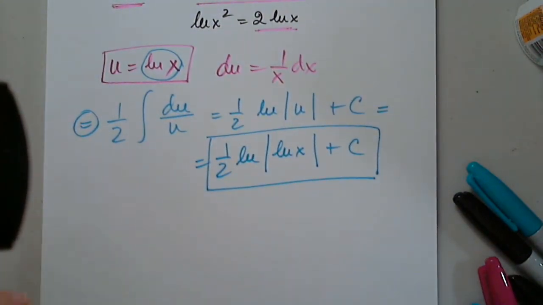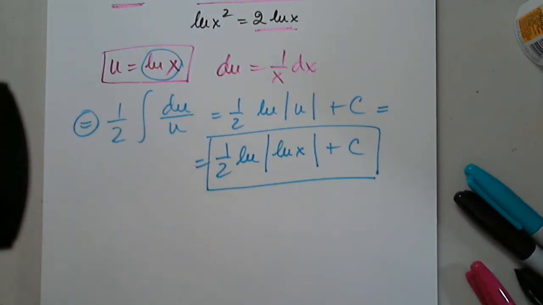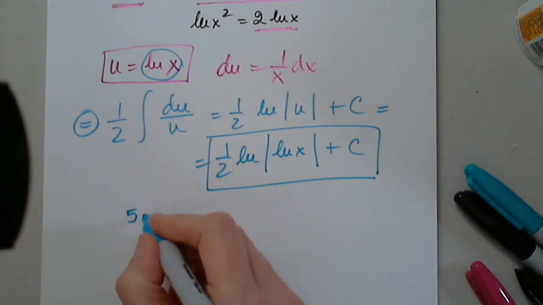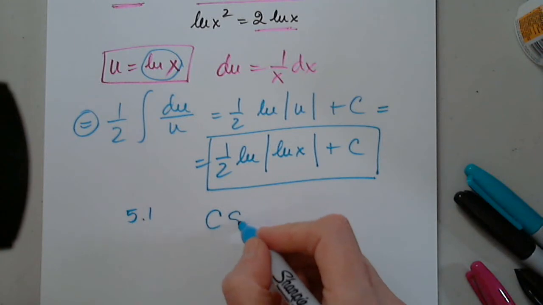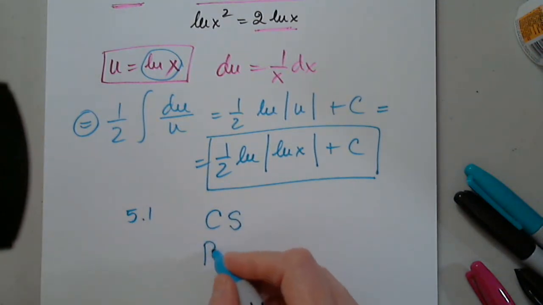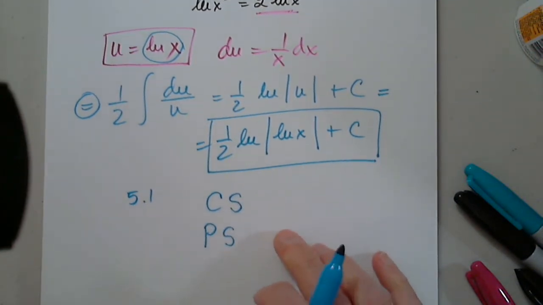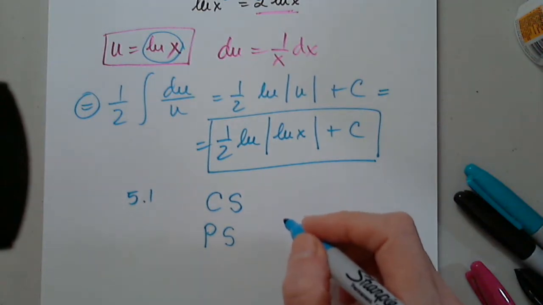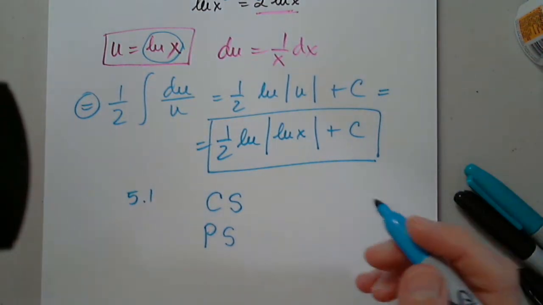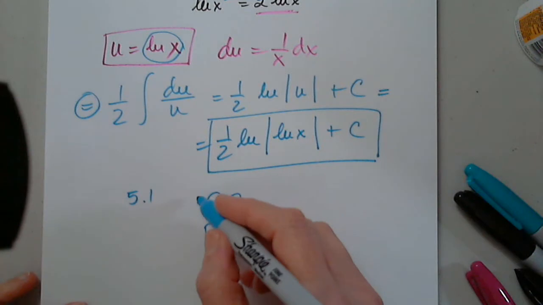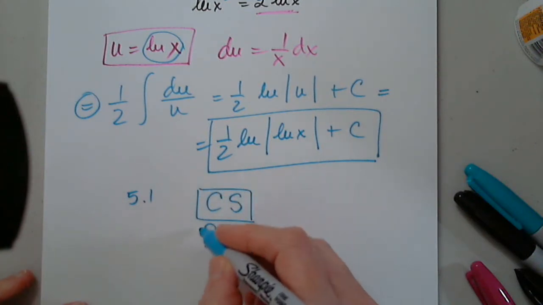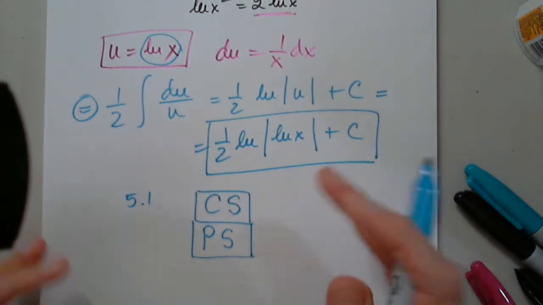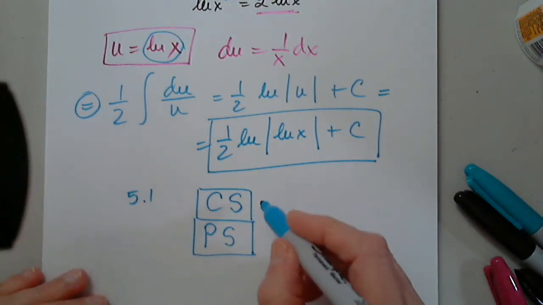So I'd like to go back to 5.1. In 5.1, again, we looked at consumer surplus and producer surplus. So depending on what we are looking at, if we're looking at the equilibrium point or at a particular point, it doesn't matter. You remember the formulas.